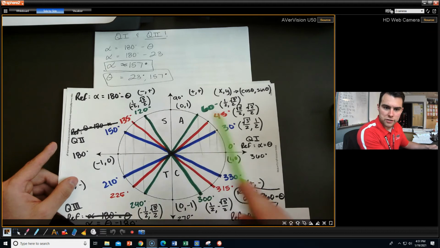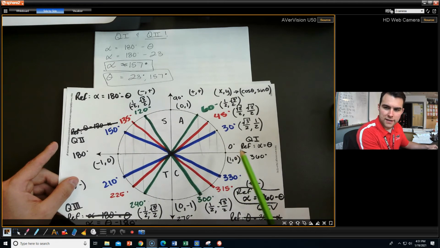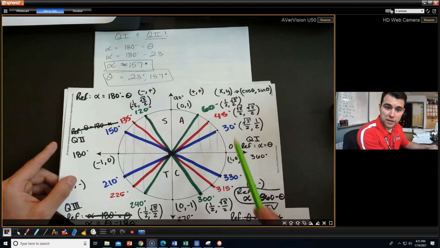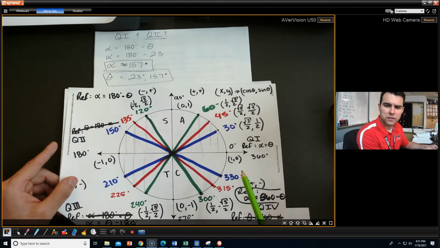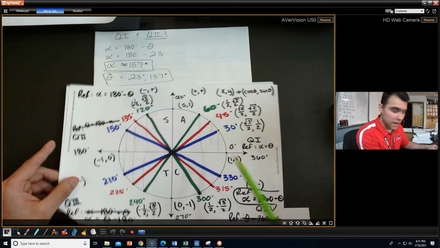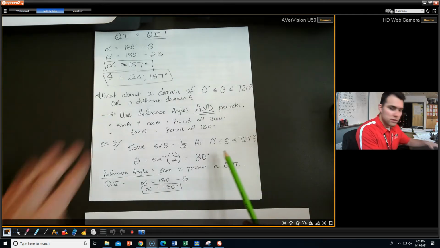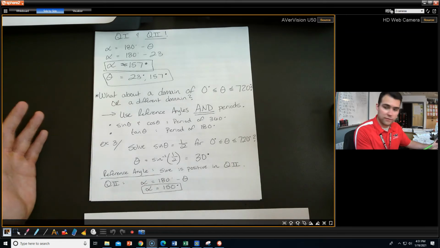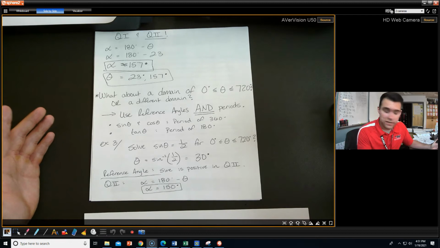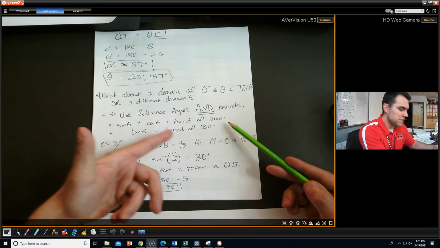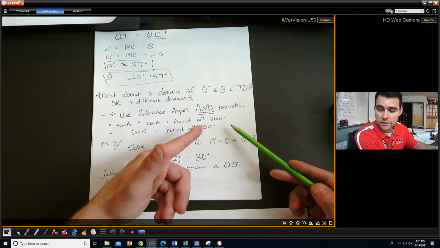So if I go around the circle once and then again, what am I doing to get to this new angle? Well, that's 360 degrees plus 30 degrees, which is 390 degrees, right? And that is an angle on my domain that'll give me the same exact value if I take the sine of it. So all I did was add 360, and we know 360 is the period of sine, okay?